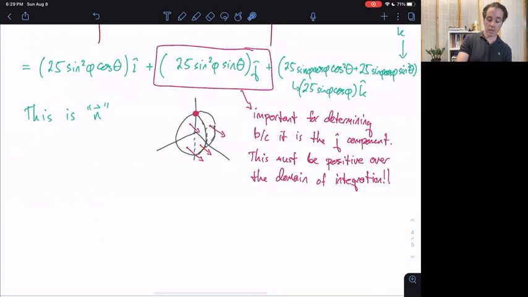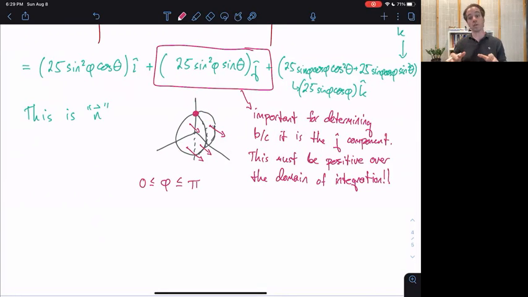You can fold down in any of these directions, but you are folding from the positive z-axis down to the negative z-axis. Now, I want you to think about what that means in terms of an interval of phi values. Phi here goes from 0 up until pi, because if it covers this range of values, that is from the positive z-axis all the way down to the negative z-axis, and that's exactly what we want.